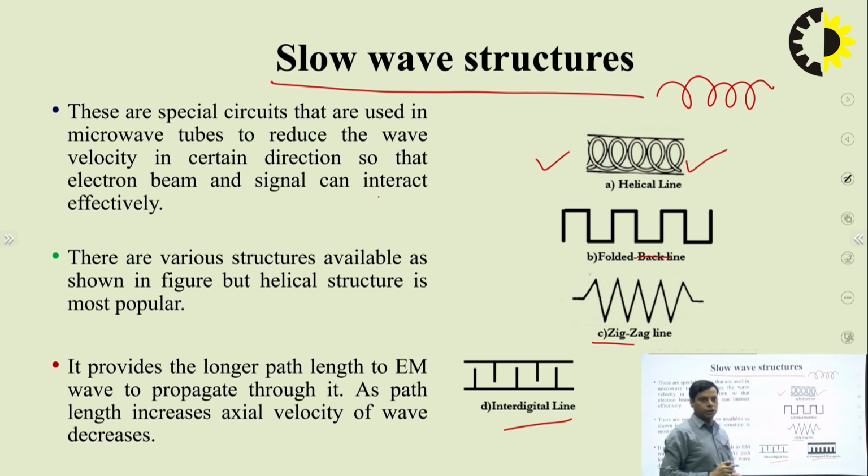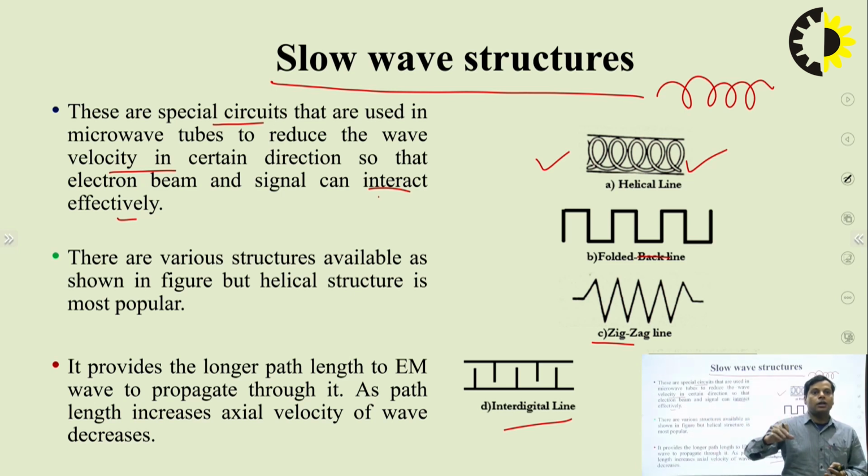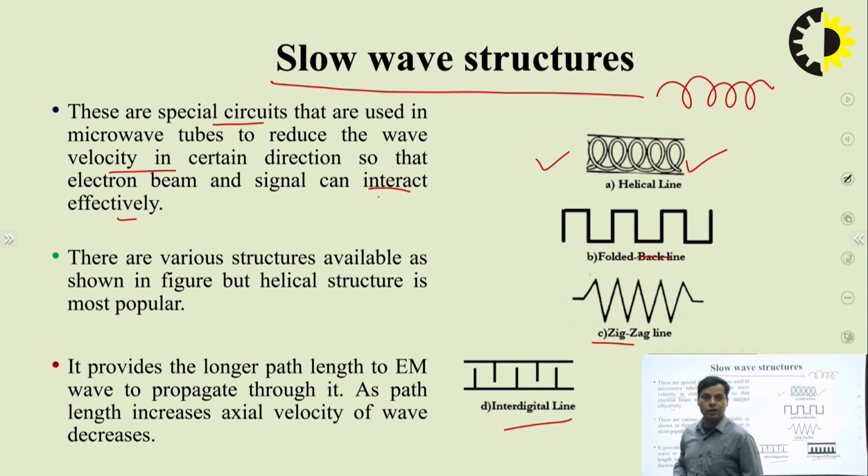This is a special circuit used in microwave tubes to reduce the velocity in certain directions, so the electron beam and signal can interact effectively. That means it will create a long path. So the wave will slow down in this structure, the bunching duration will become high, and the length will increase.